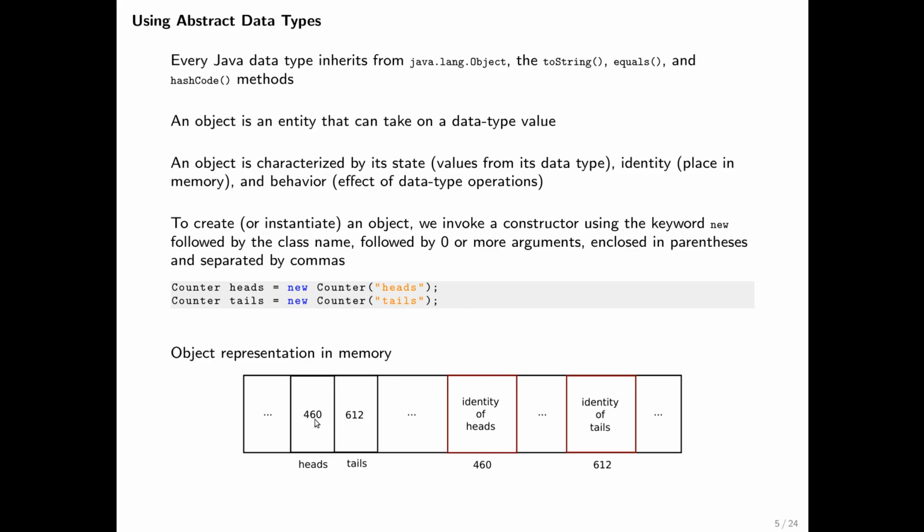So if you go to the memory location given by the name of the object, you're going to find the identity of that object. If you go to 460, you'll find the identity of heads, and if you go to 612, you'll find the identity of the tails object. Okay, so that's how an object is represented in memory.